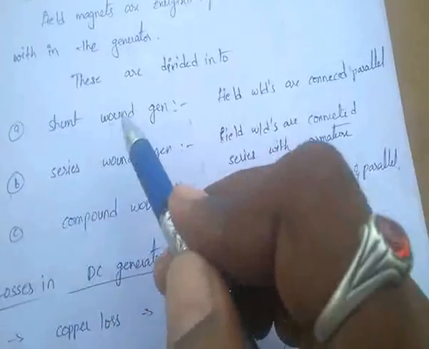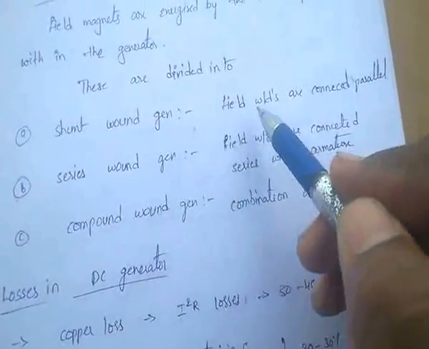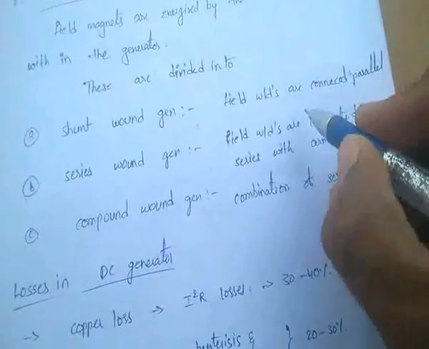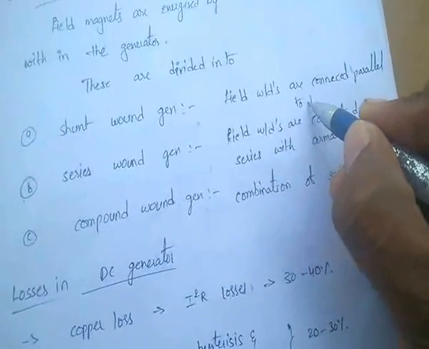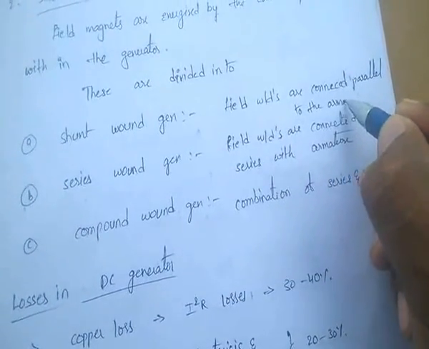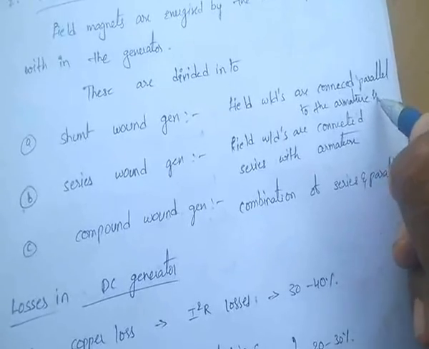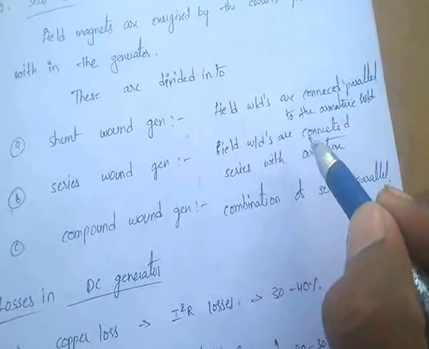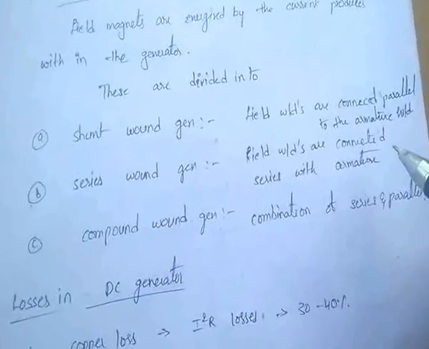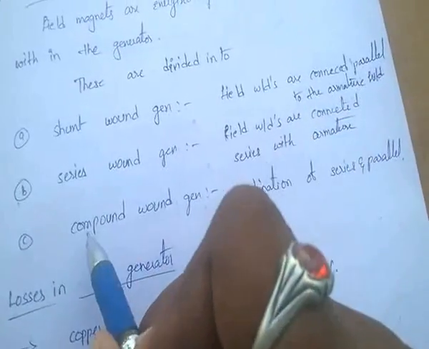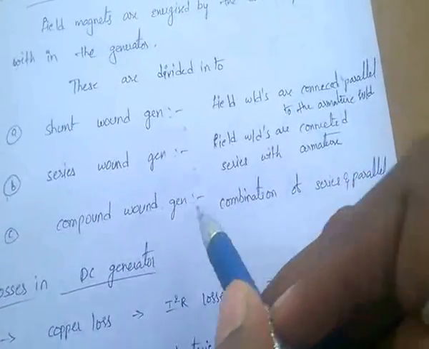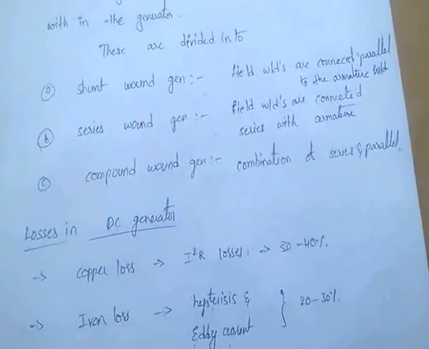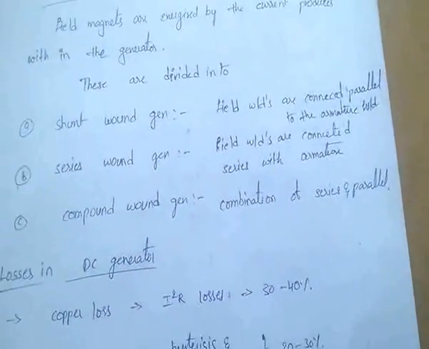In shunt wound generators, the field windings are connected parallel to the armature winding. In series wound generators, field windings are connected in series with the armature windings. Compound wound generator is a combination of both series and parallel.